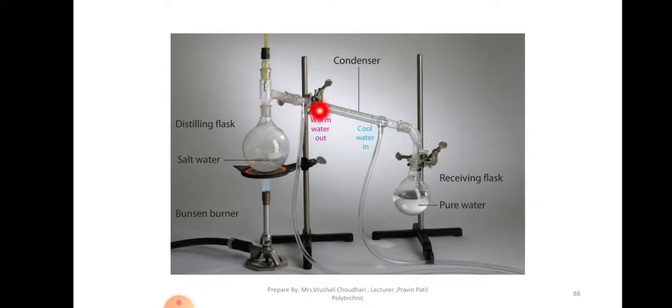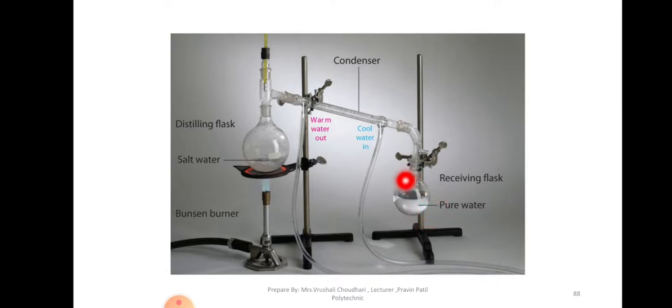It is connected to another flask that is called the receiving flask. This is called the condenser. It has an inlet and outlet, a cold water inlet and outlet for the external coating. The condenser cools down the water vapors.